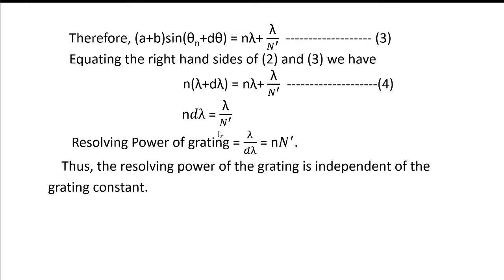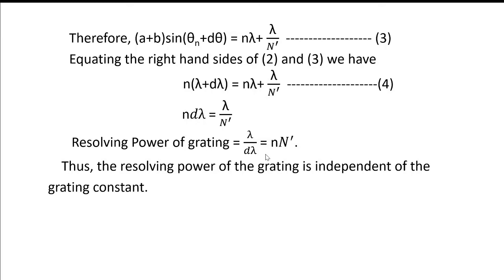So now the resolving power of grating is given by lambda divided by d lambda. If you rearrange this equation, by taking this d lambda to the RHS, then we have lambda divided by d lambda is equal to n into n dash. So this is the expression for resolving power of a grating.